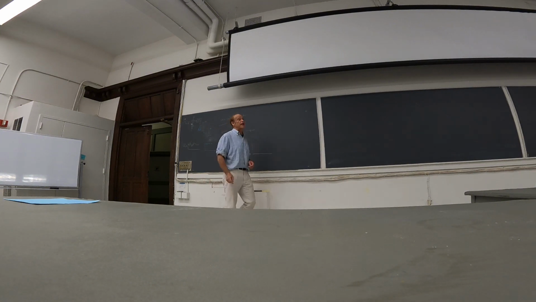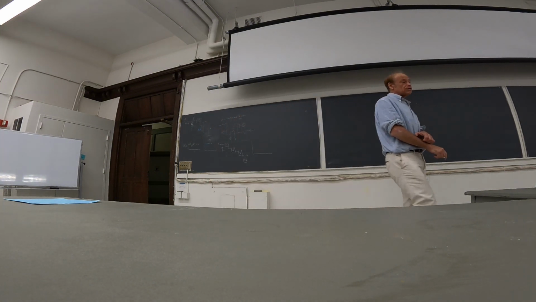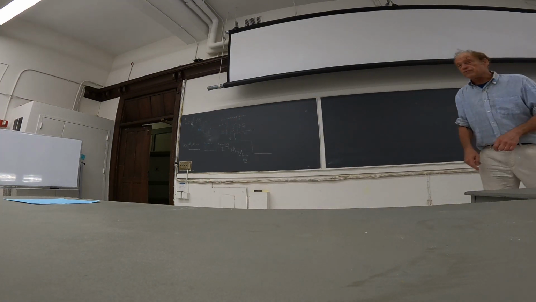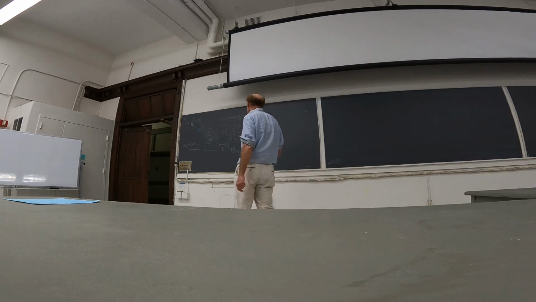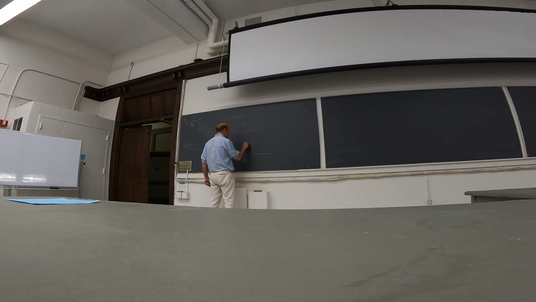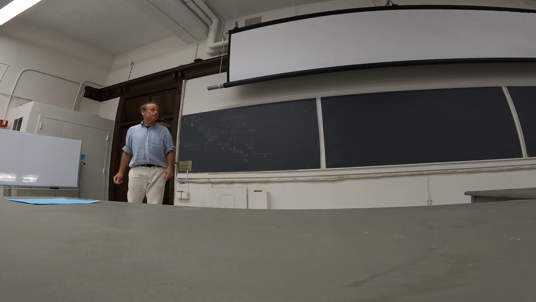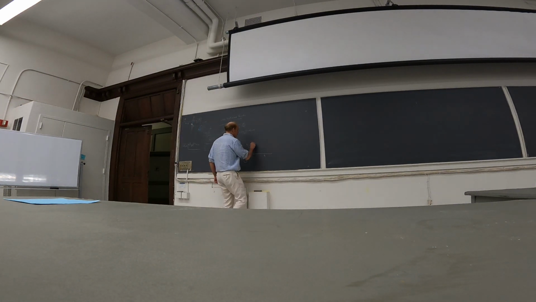So if I'm looking at my output, what would the output look like? So let's look at the output. If I have simple feedback control, so let's say this is my desired value.